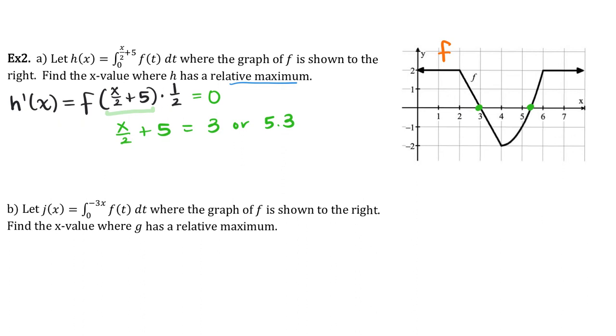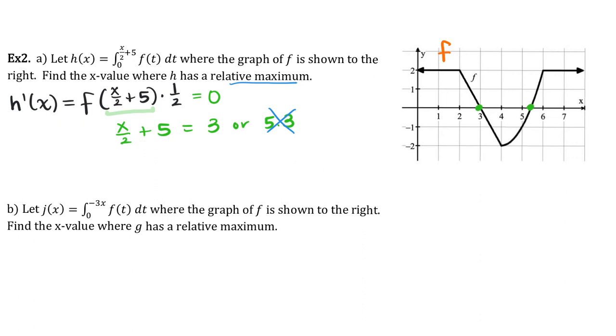So I'm going to pick between these two to figure out which one's going to make it change from positive to negative. So at 3, or where f is at 3, this changes from positive to negative. I times by half, it's still going to change from positive to negative. At 5.3, this changes from negative to positive. If I times by 1/2, that's still changing from negative to positive. So 5.3 is not the correct answer.